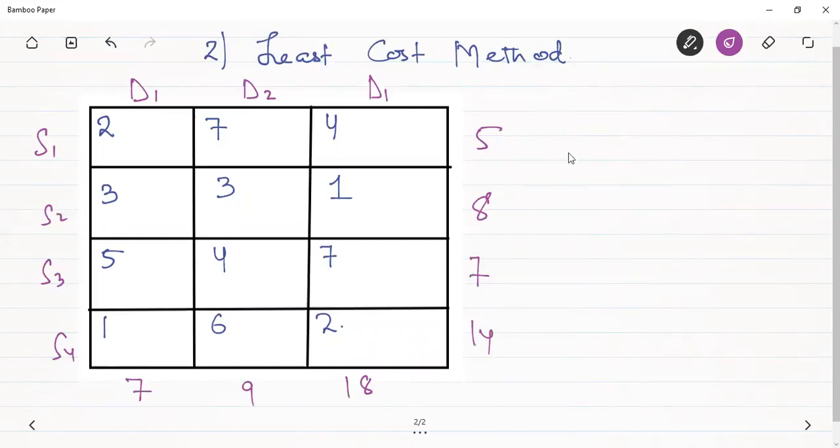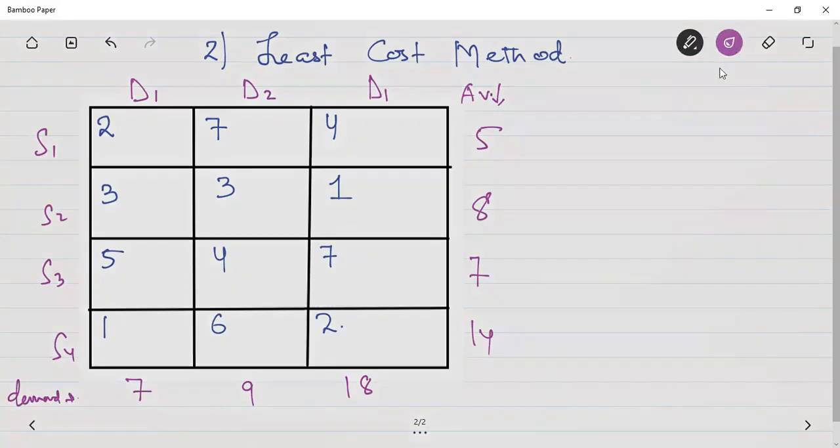So what does this least cost method say? This least cost method says that here we can write that this is the availability and this is the demand of each destination. Okay, what does this say?